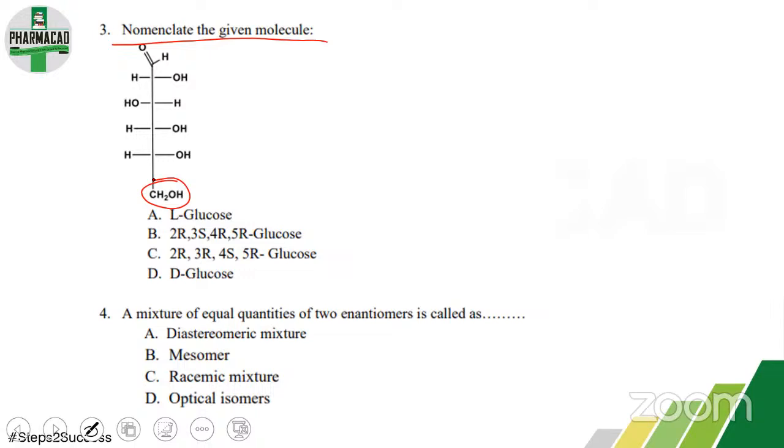So as we all know that the aldehyde carbon is having first carbon atom, the second one is with this hydroxy, the third carbon is this, fourth one, and fifth one, and sixth one.